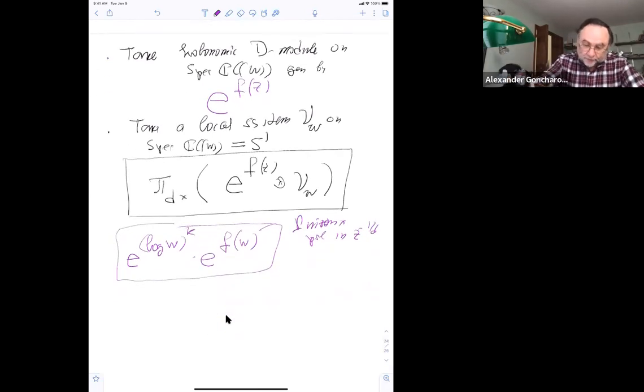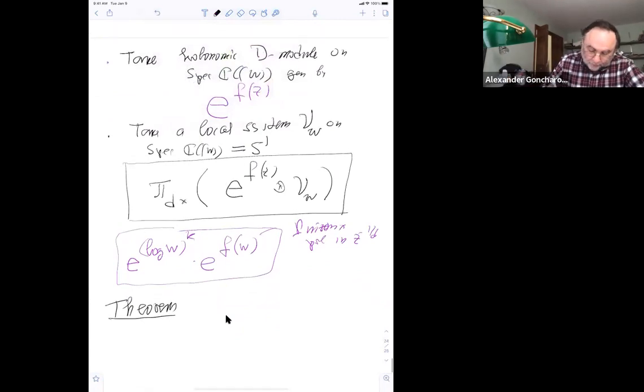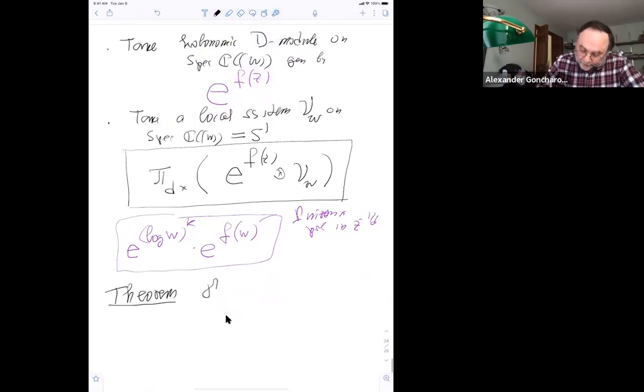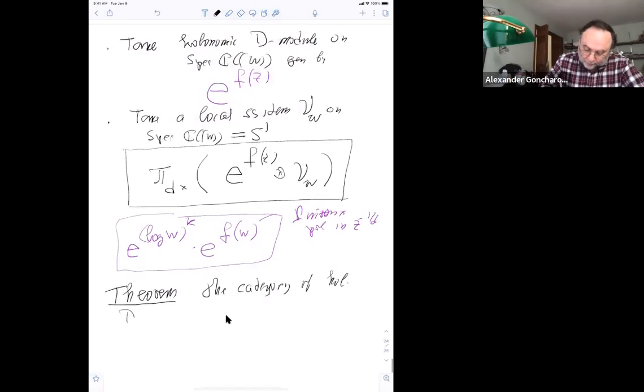Now, the theorem is that the category of holonomic D-modules on Spec C of Z is equivalent to the direct sum of blocks given by those D-modules.